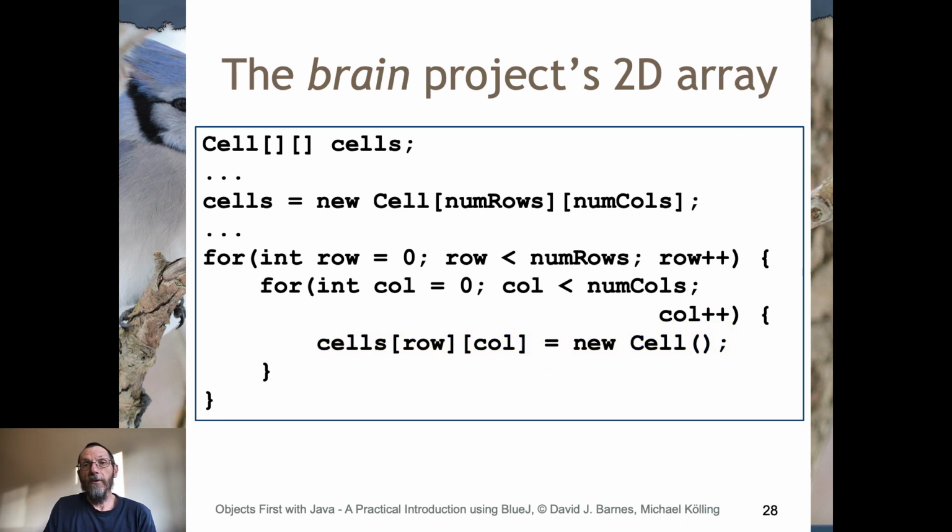So this form of nested for loop is very common when working with two-dimensional structures such as a two-dimensional array. Iterate over the rows, iterate over the columns, and then use the current row value, the current column value, to access a single element within the two-dimensional structure.